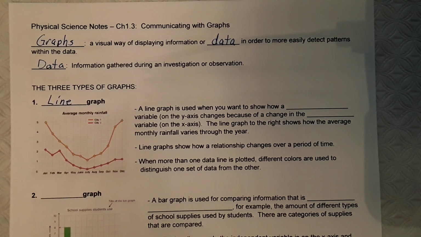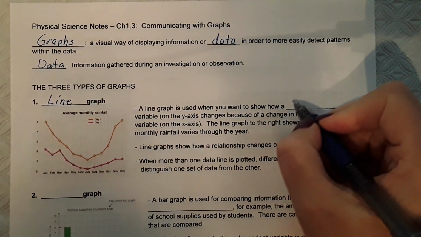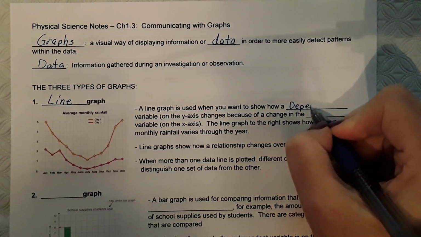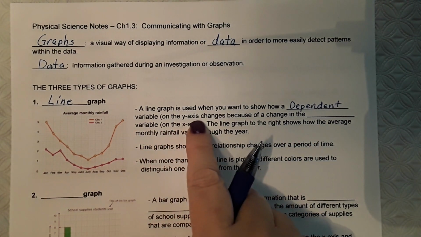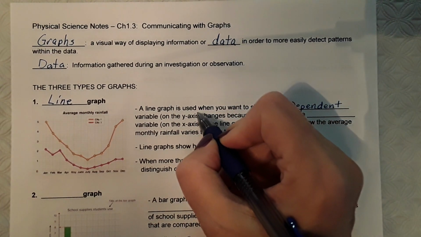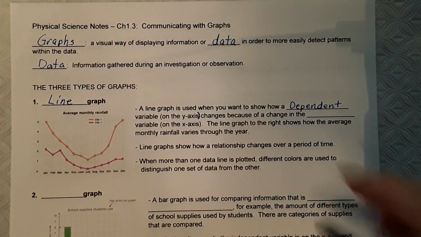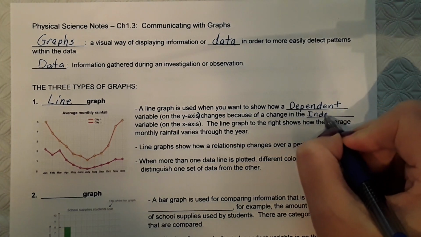A line graph is used when you want to show how a dependent variable that's plotted on the y-axis of a graph changes because of a change in the independent variable.